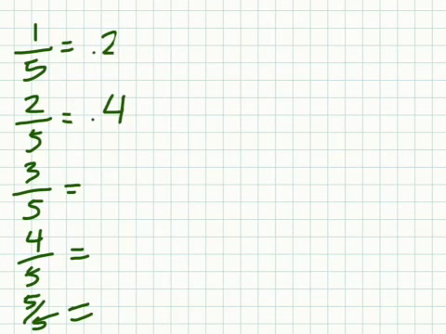We need to add another 0.2. So we will see a pattern start to emerge. So that would be 0.6. 0.2, 0.4, 0.6. What do you think about 4/5? 4/5, 0.8. And 5/5, 1 whole.